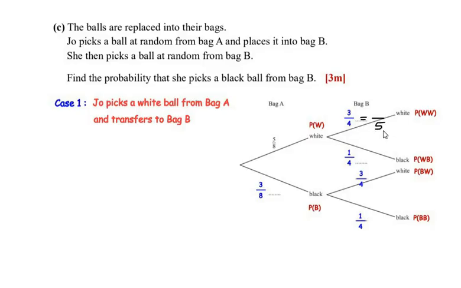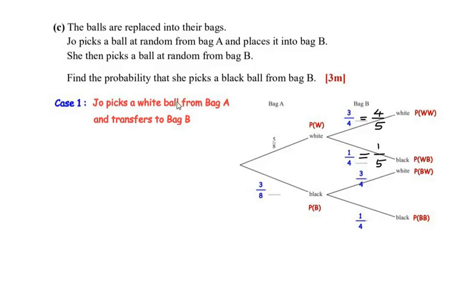And let us just concentrate on this path, that is if she picks up a white ball and places it in bag B. So now the total number of white balls are going to increase. So now instead of 3 white balls, we have 4 white balls. And there is going to be no change in the number of black balls. So we are still going to have 1 black ball.